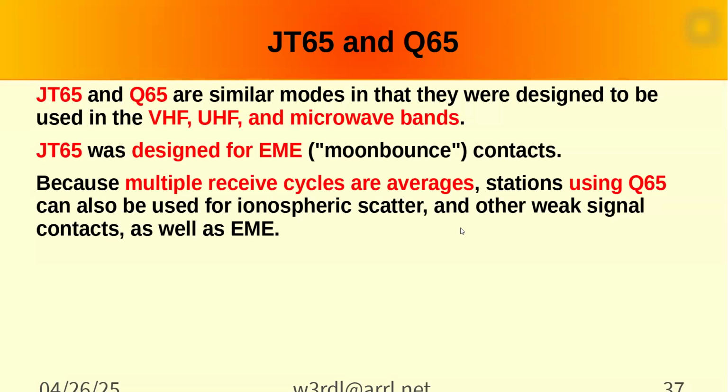JT65 and Q65 are similar, both designed for the VHF UHF. 65 has been around for a while. It was originally designed for moon bounce contacts. One of the differences is Q65 does an average of signals.